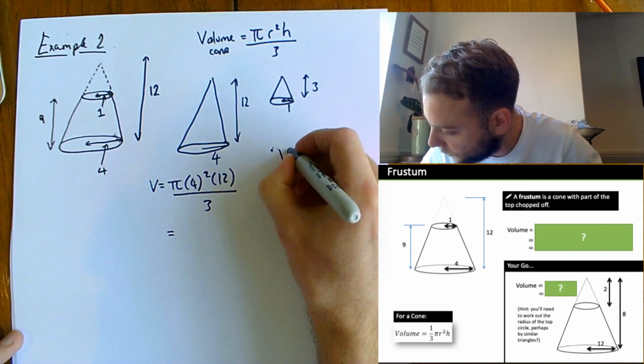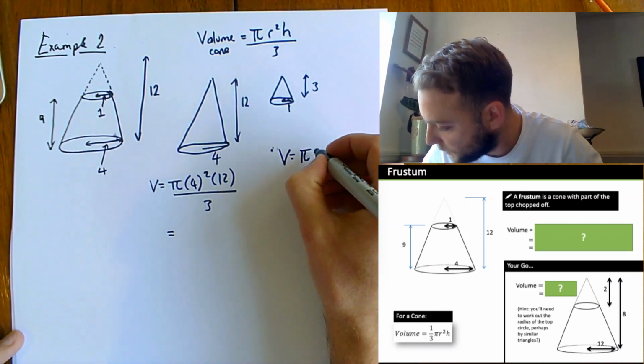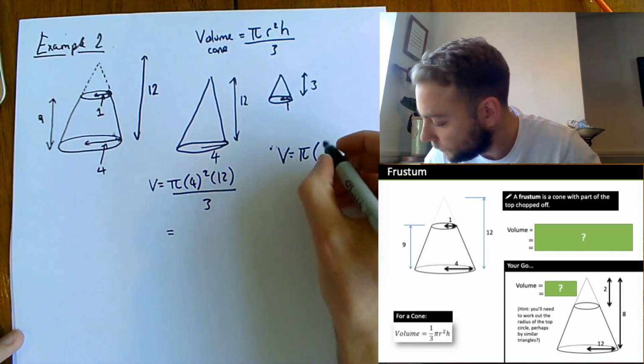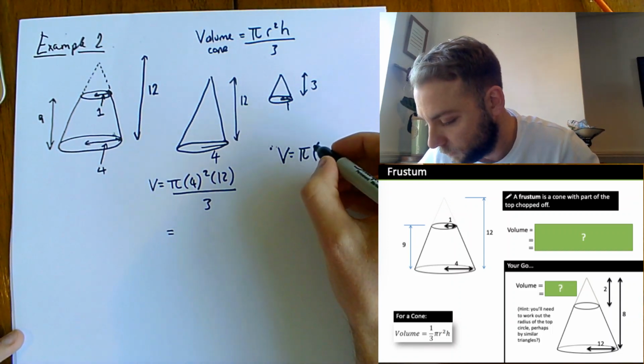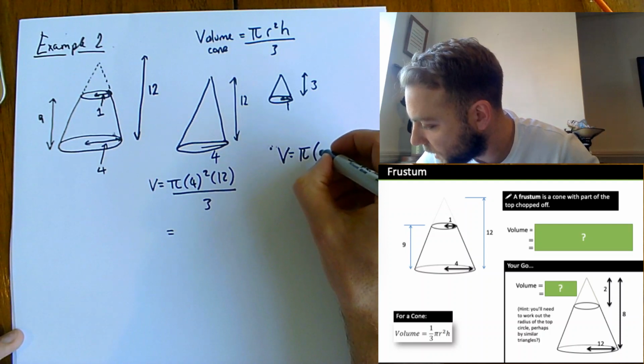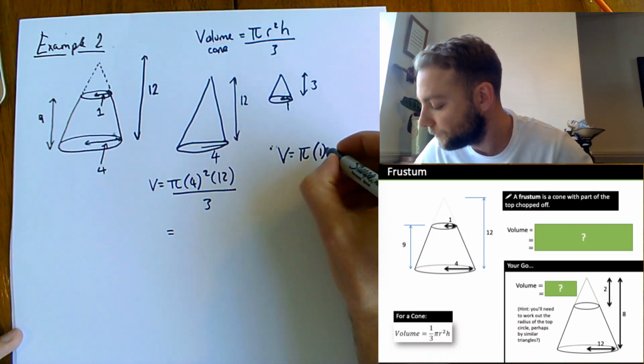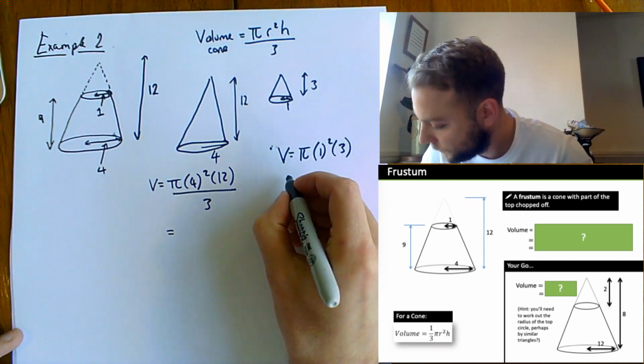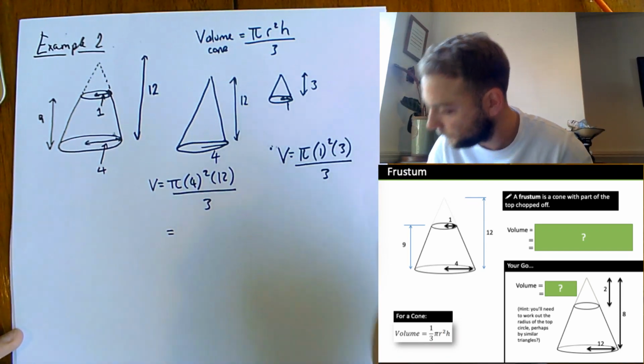This one here, the volume is equal to pi times by 1 squared, in this case, times by 3, divided by 3 as well.